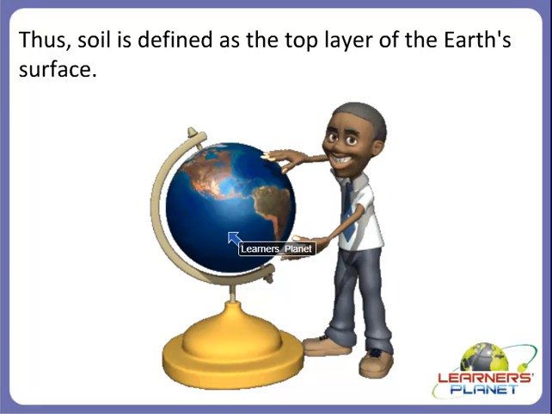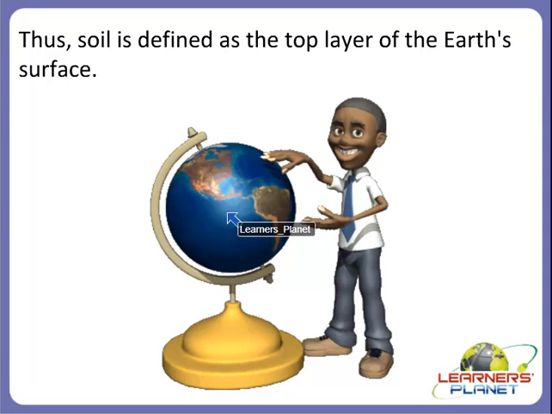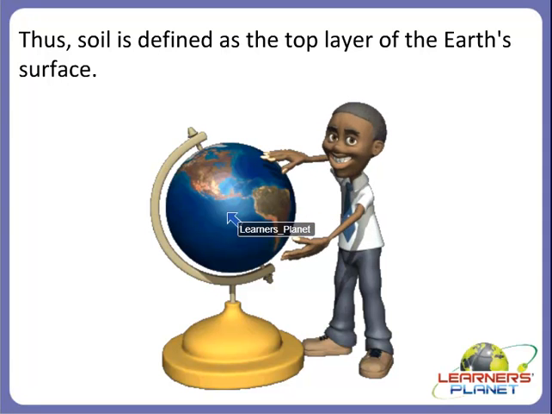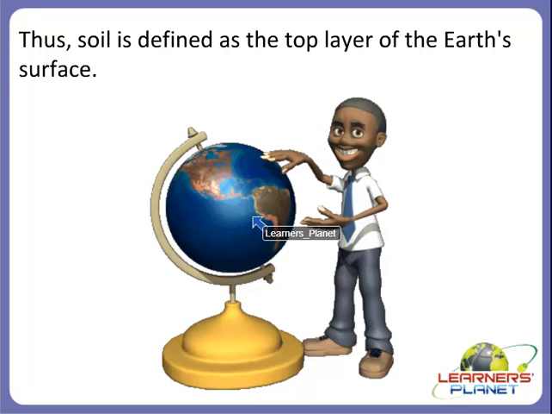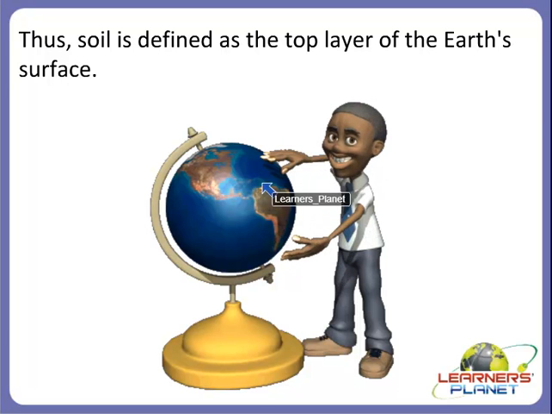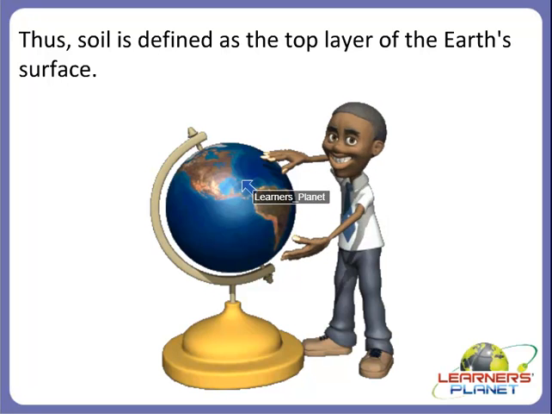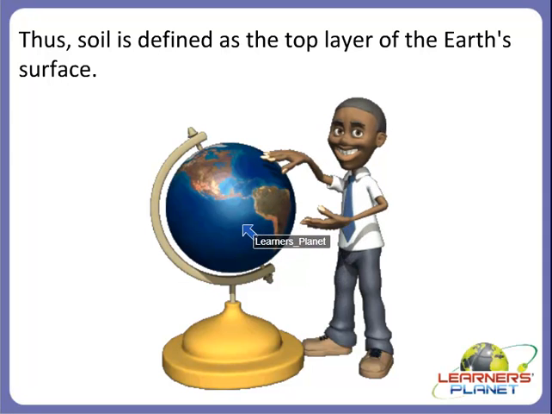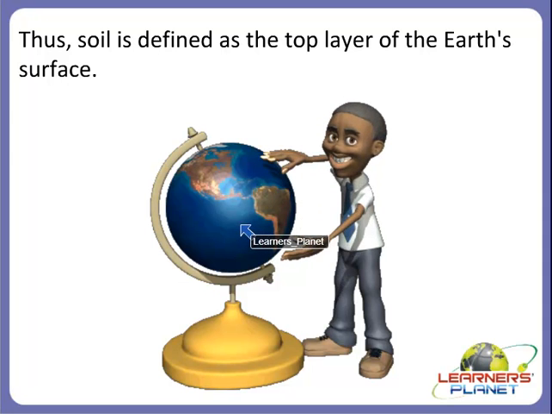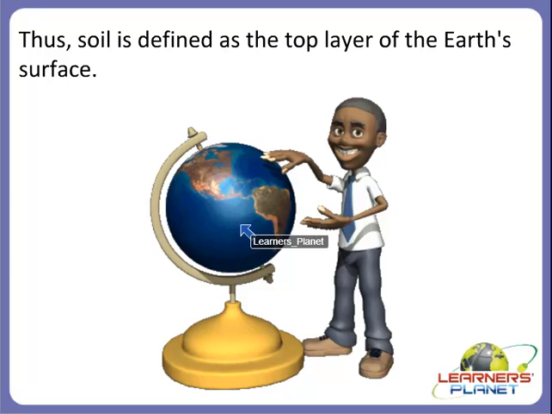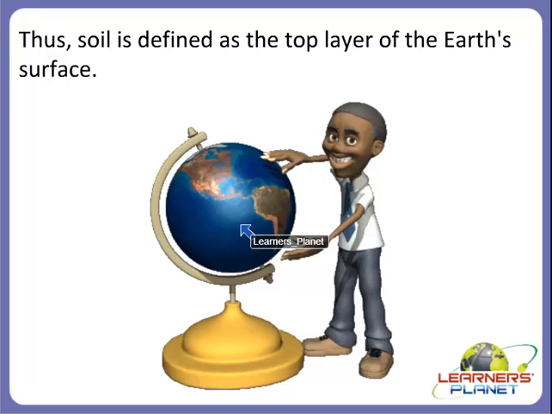You must have seen our earth. You have seen that our earth is round in shape, and it consists of 75% of water and 25% of land.